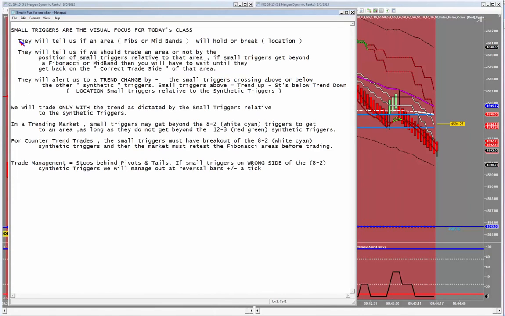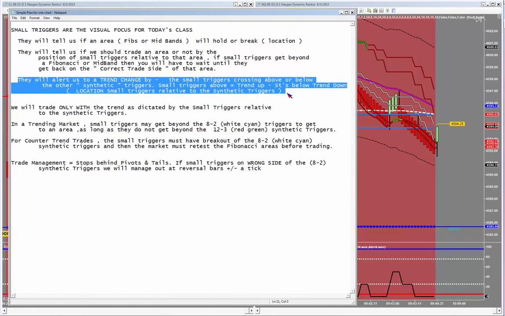All right, so the small triggers will tell us if an area is going to hold or break. What that means is that if the small triggers are below the mid-band, it will usually hold. We're also going to be alerted to trend changes when all of our synthetic trigger lines get violated by the small triggers. So we're only going to trade with the trend based on what these trigger lines say.